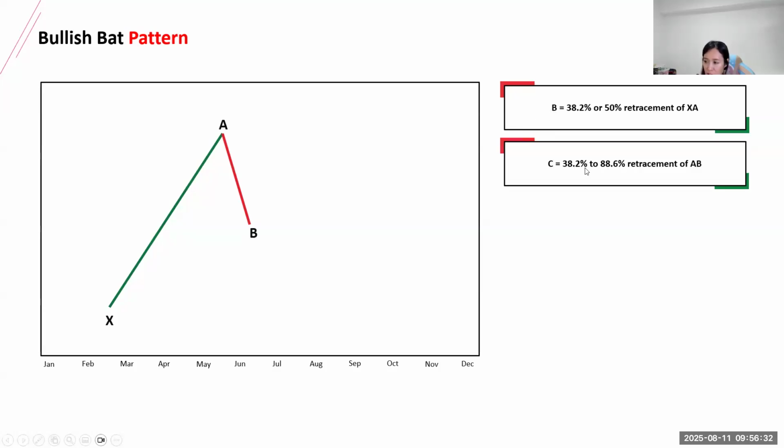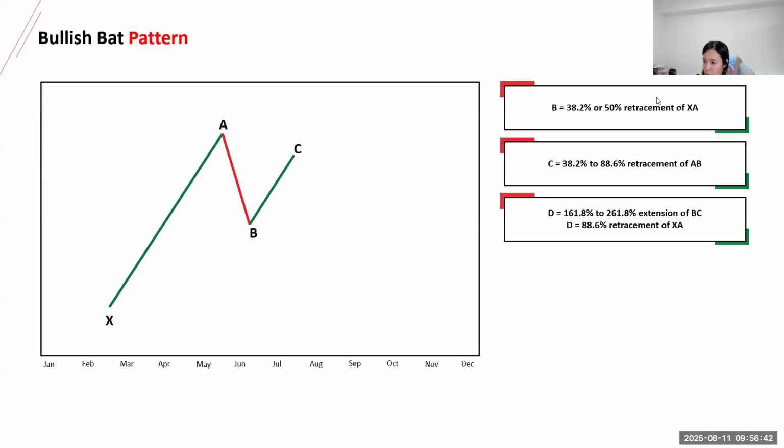Usually C retraces anywhere from 38.2 to 88.6%, somewhere here. And for the D point, you could get a BC extension, or you can get D at an 88.6% retracement of X to A.